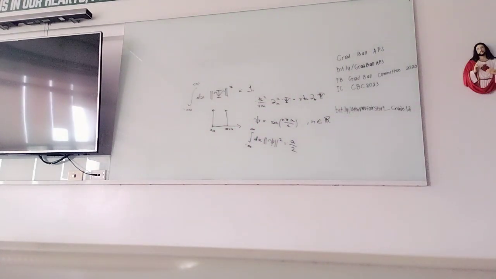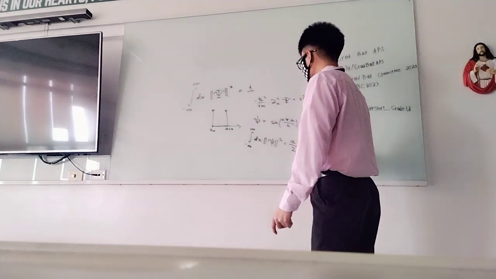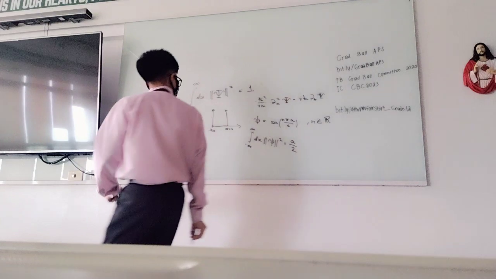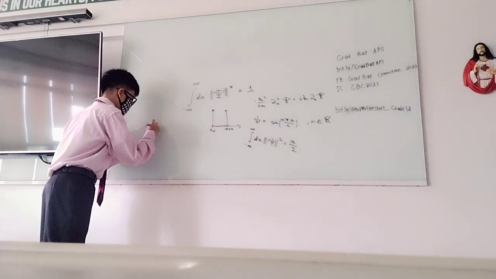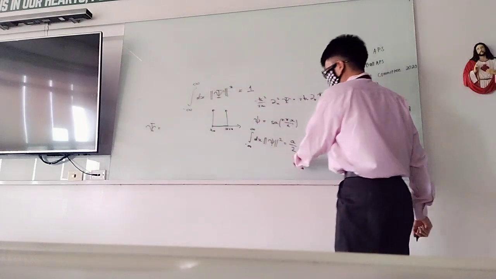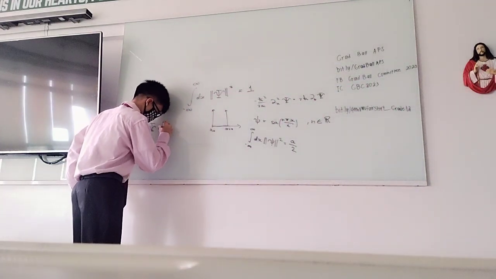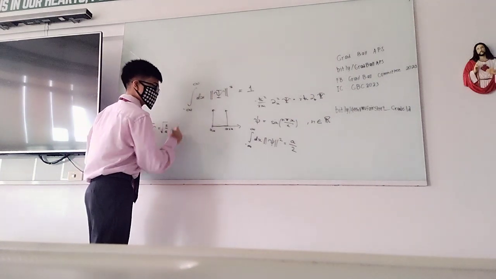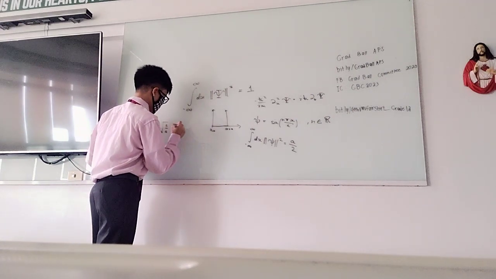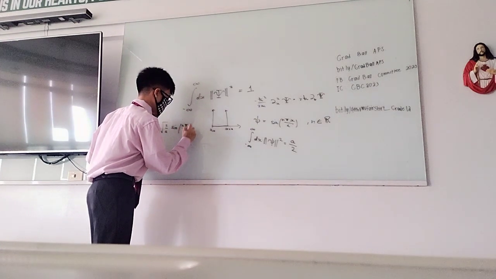So for this case, to normalize this wave function, I'm going to write it now as the final big psi version. We add a square root of 2 over a in the front, times the sine of n pi x over a.